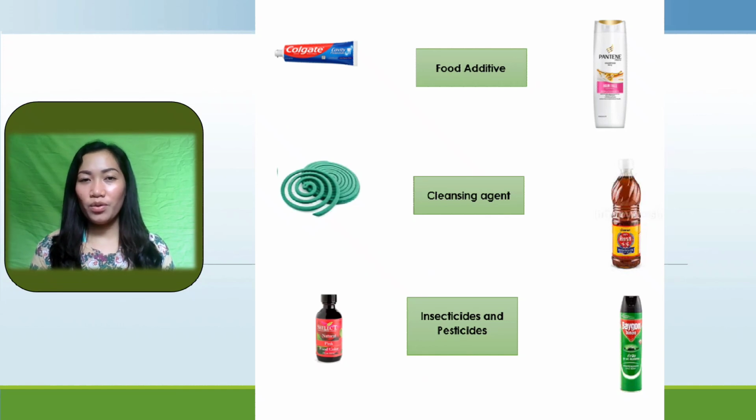And for part 2, you have to match, or draw a line. For this toothpaste, is it a food additive, a cleansing agent, or an insecticide or pesticide? You have to draw a line to connect. How about mosquito repellent? Is it a food additive, cleansing agent, or insecticide or pesticide? This one, food coloring. And we also have the shampoo.